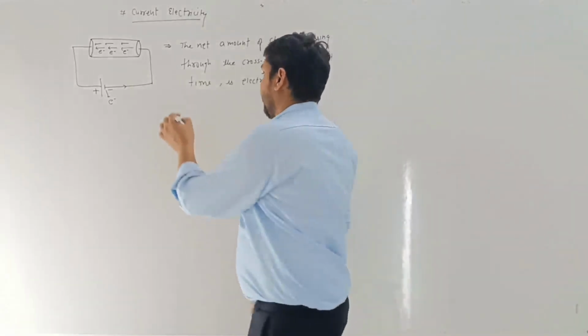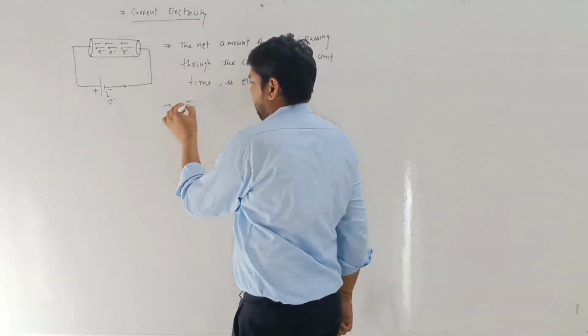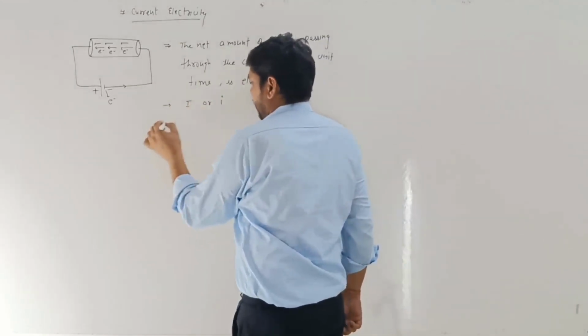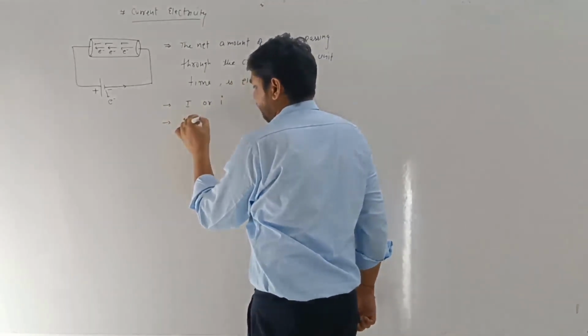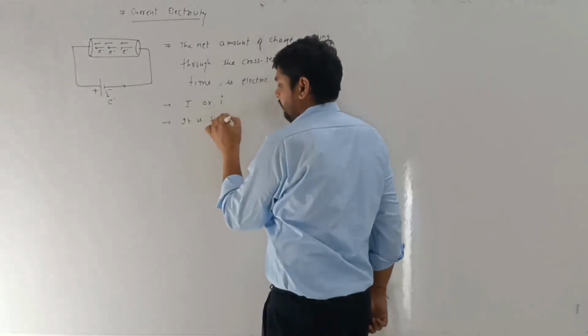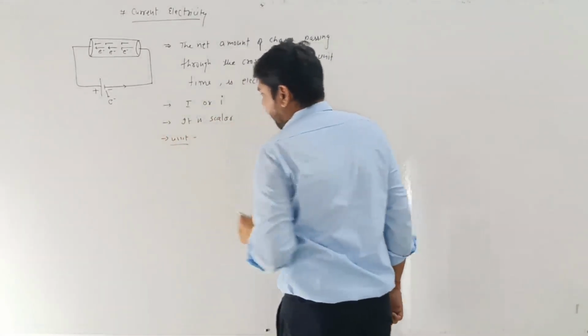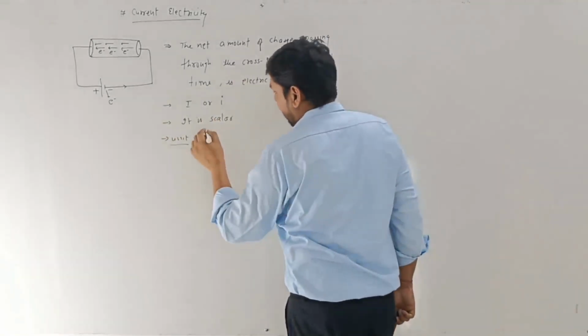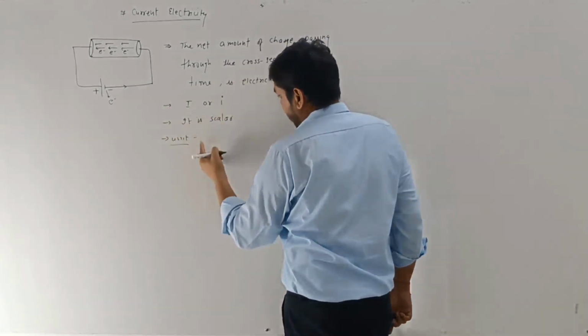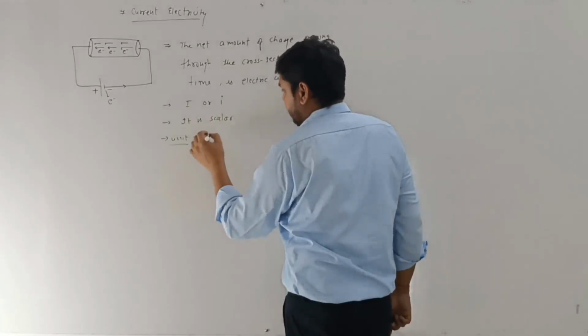It is denoted by I. It is a scalar quantity. Because we know it is a fundamental quantity, the SI unit of this quantity is ampere.